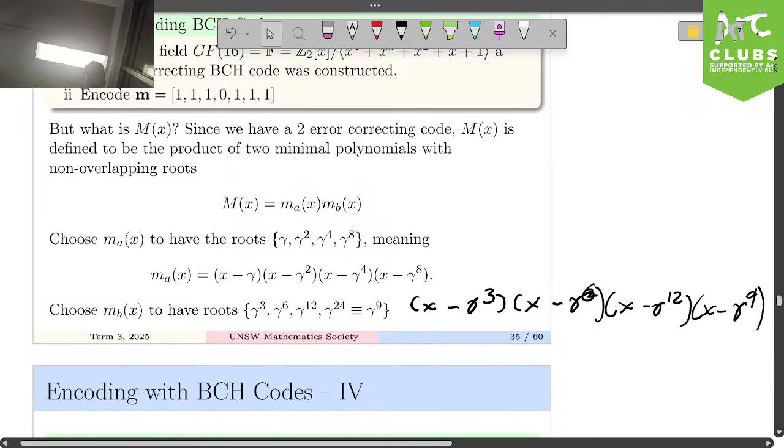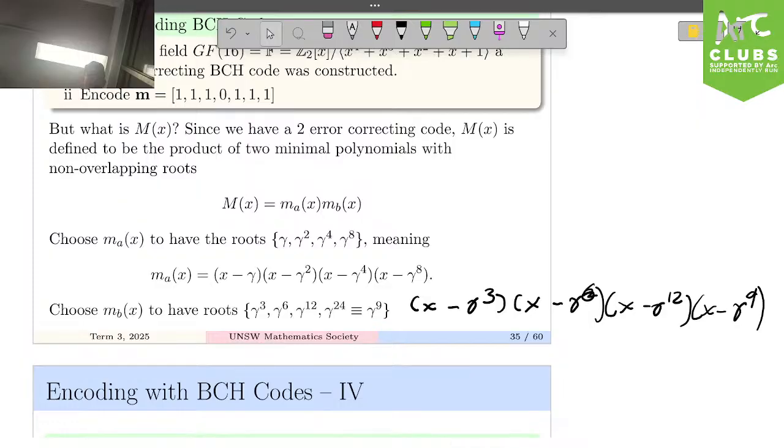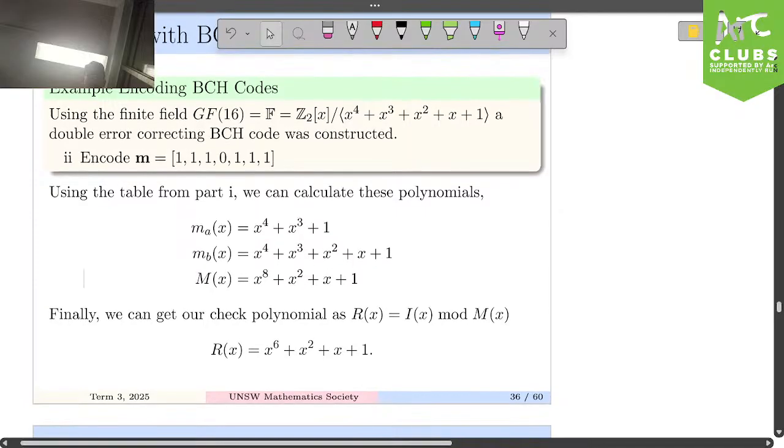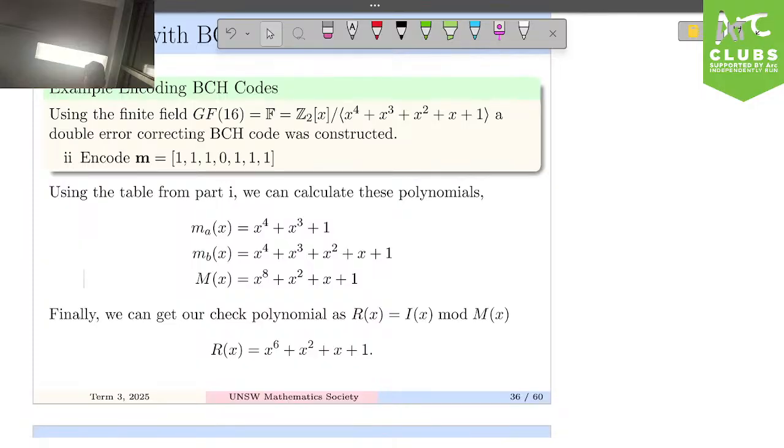Remember, the gammas from the table are written in terms of alpha, and alpha is mod 2. So multiplying these out together is a heck of a calculation. I'm sorry about it, there's nothing to be done. Actually, you could multiply these out just raw. You could say, okay, I found my two polynomials, multiply them together mod 2. And that's how you generate this.